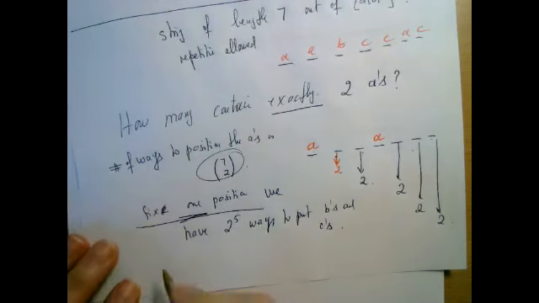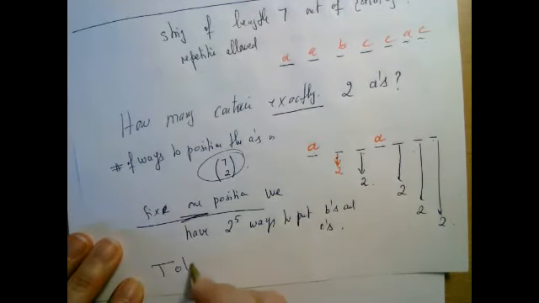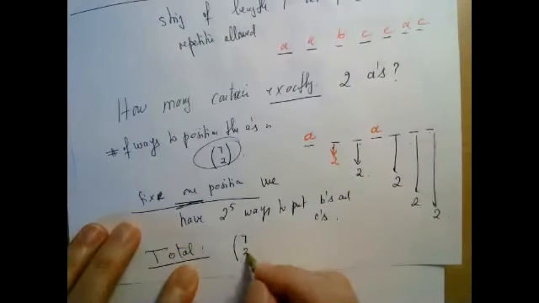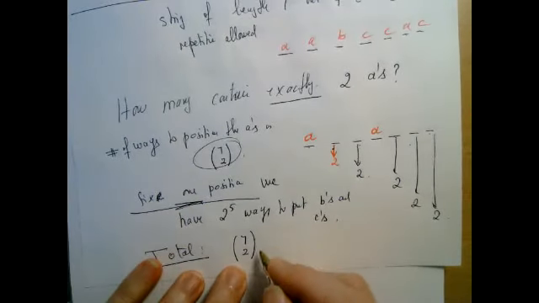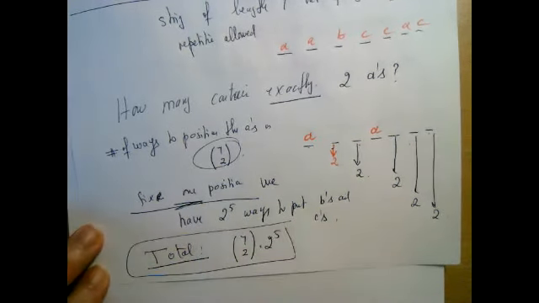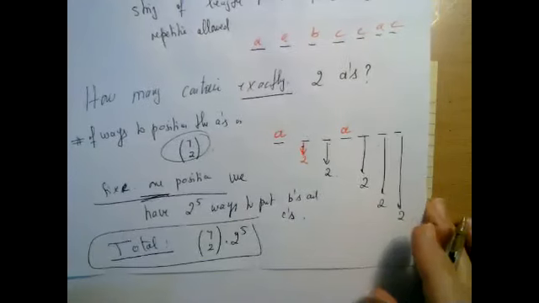So the total number is going to be the product. That's how many ways to fix the A's, and for each one of them, I have 2 to the power 5 ways to fill the other ones. And that would be the total.